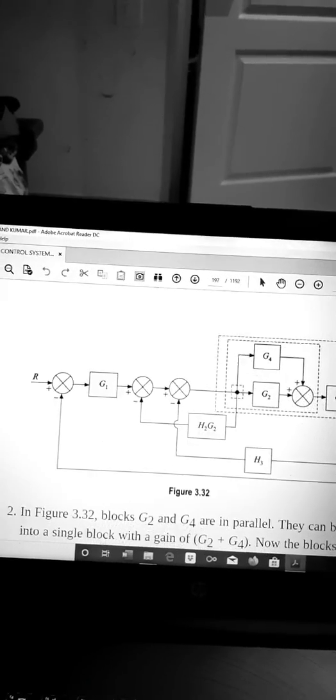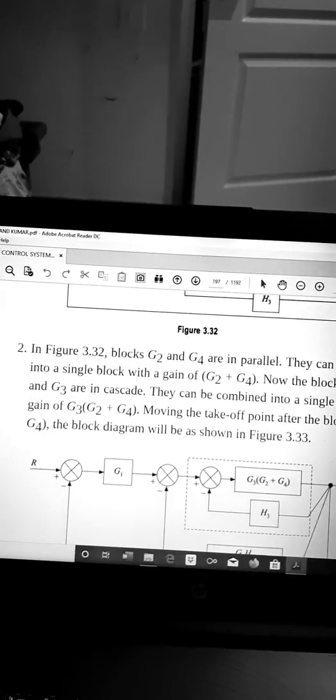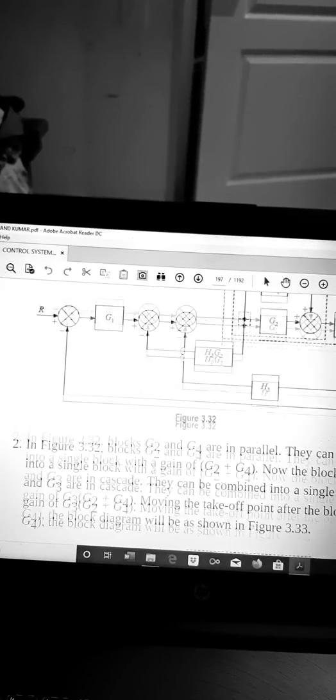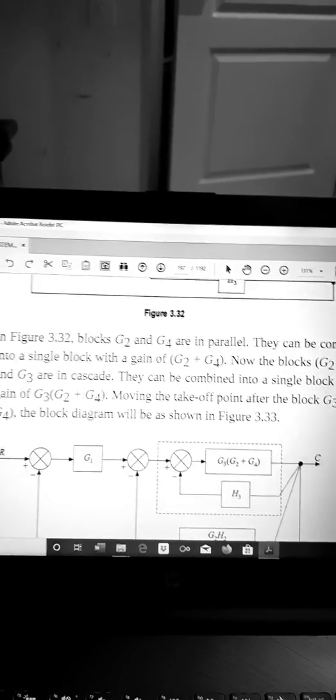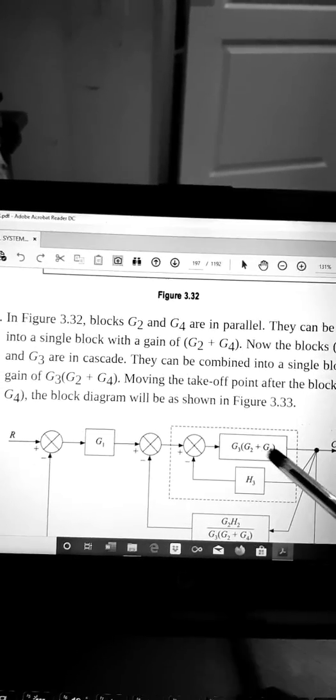So you can see that it is G2 plus G4 into G3, so G3 into G2 plus G4.